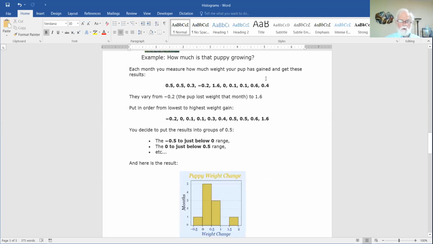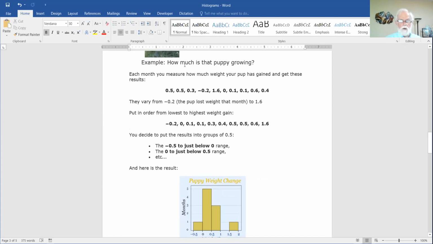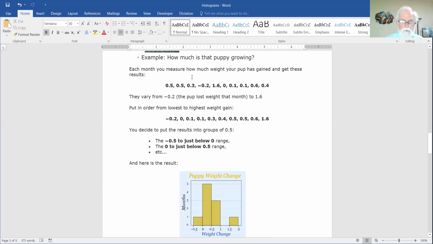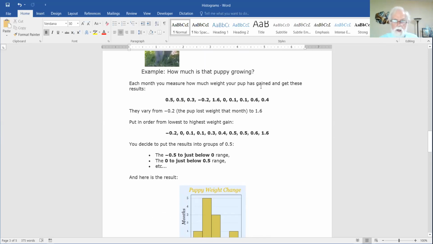Looking at growth rates. In this case, we're looking at a cute little puppy. And so you've looked at weight for the puppy and how much they've gained. This is just a difference. It's not the weight. It is the difference in weight in a month.